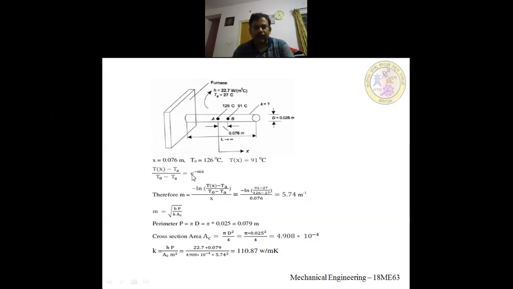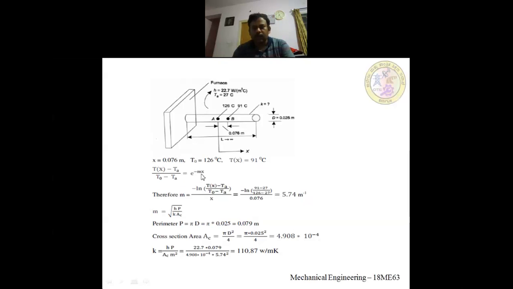So you know the formula for temperature distribution for an infinitely long fin. It is given by (T minus T_a) by (T naught minus T_a) equal to e power minus mx. Now I have simplified this formula for m by applying natural logarithm on both sides. On the left hand side, ln of this temperature ratio, and ln of e to the power of minus mx.